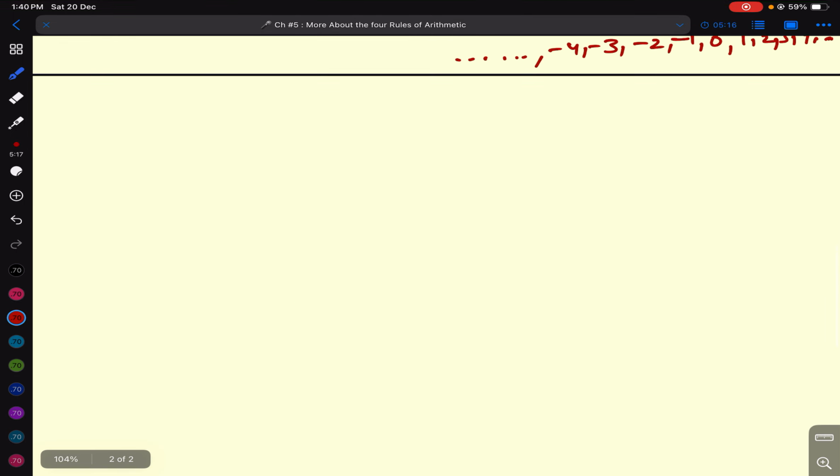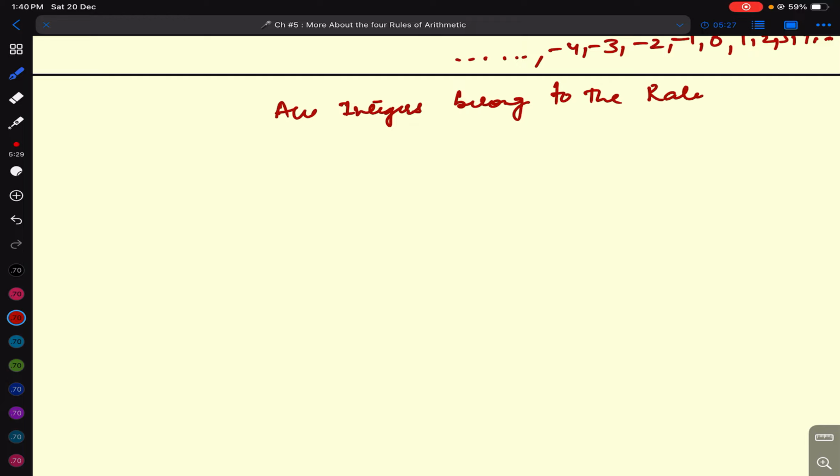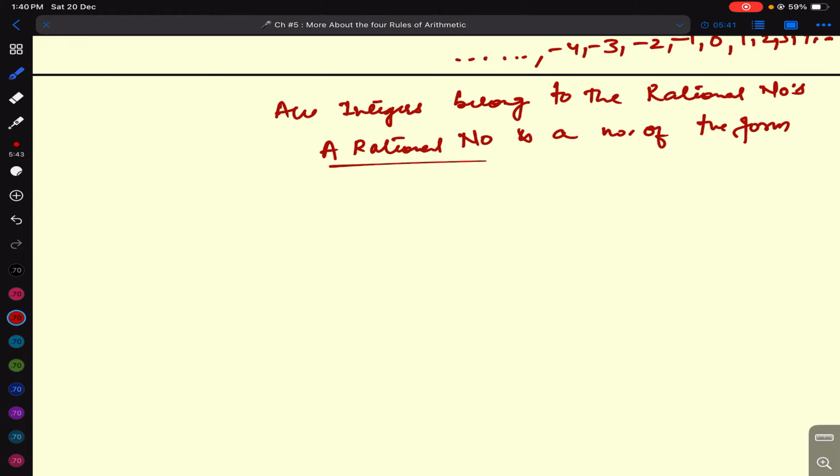Okay, now one thing that you have to note here is all the integers belong to the rational numbers. And a rational number is a number of the form a over b, where b is not equal to 0.